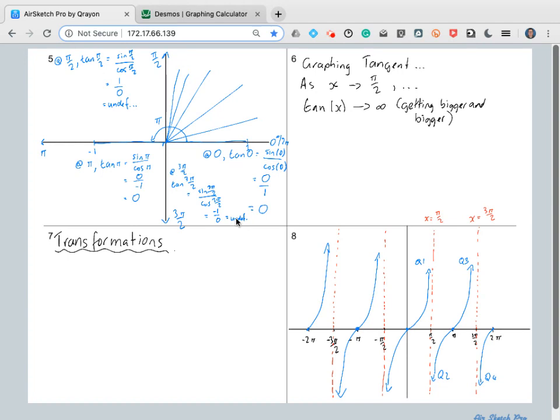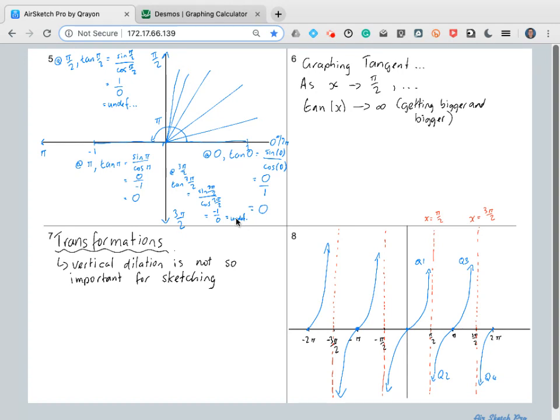Okay, so first of all, it should just be pointed out that vertical dilation is not so important for sketching because it goes on forever anyway. I'll show you what I mean.